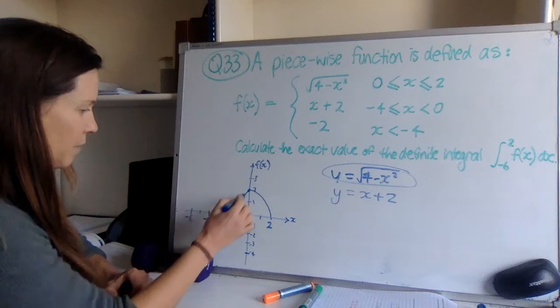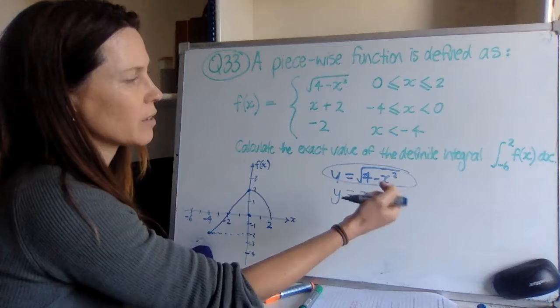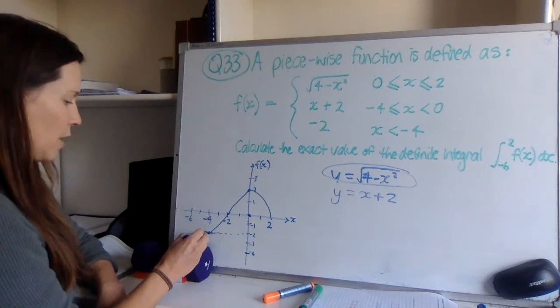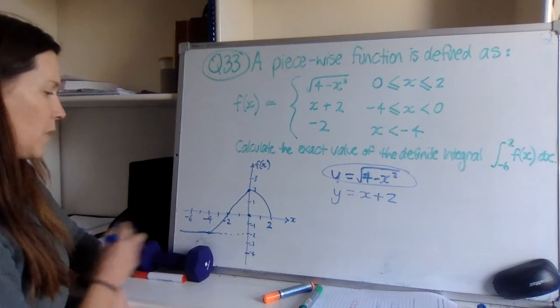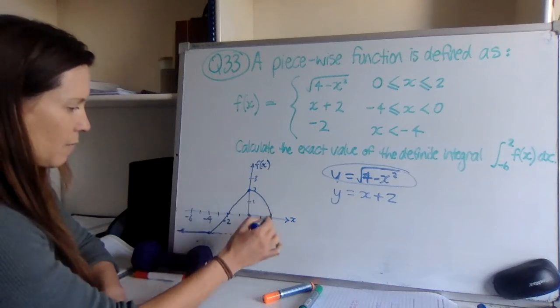So it's down there. All right, for the bottom section, anything less than x being -4, it's just a value of -2. So it just goes along like that, level with the -2. So that's my graph. It goes on like that forever, goes up there, and then finishes.